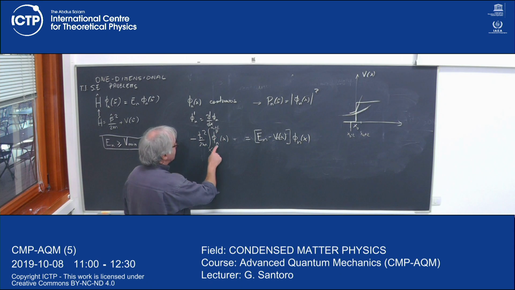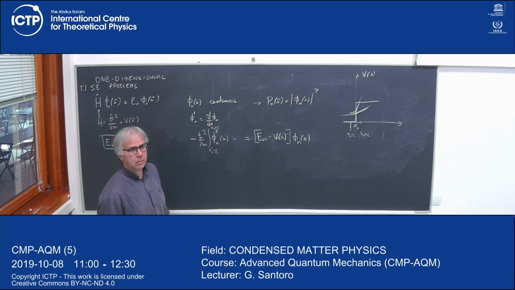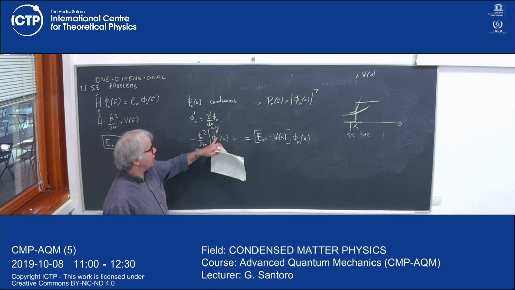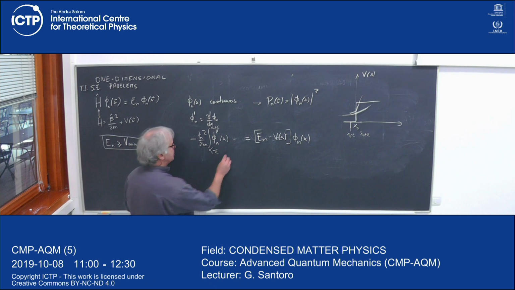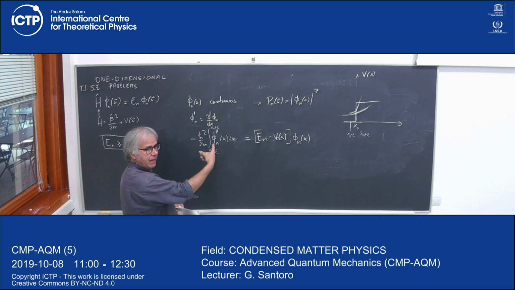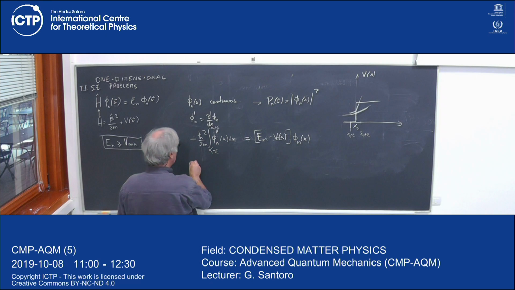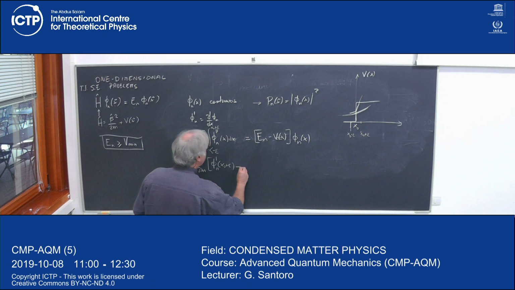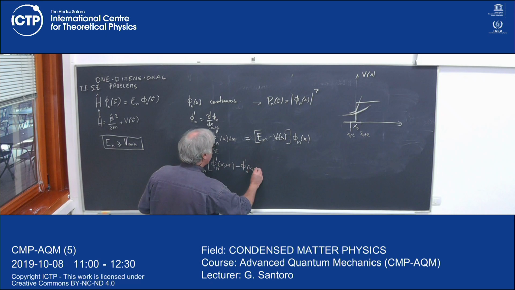Now, can you do this integral on the left-hand side? It is the integral of the second derivative, right? Well, the primitive function is the first derivative. So this is minus h bar squared over 2m, times the first derivative calculated at x0 plus epsilon minus the first derivative calculated at x0 minus epsilon.